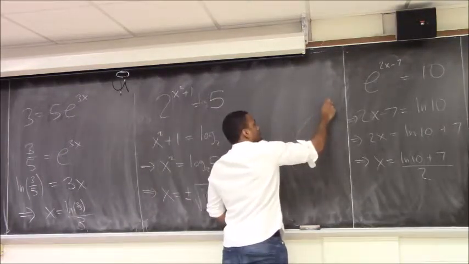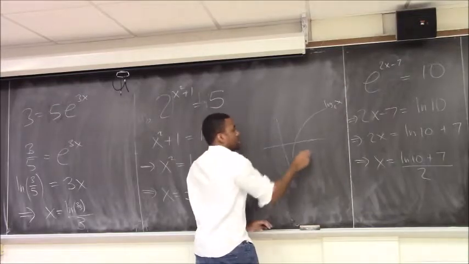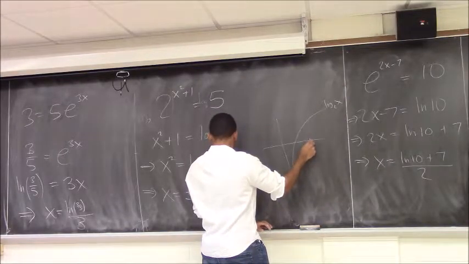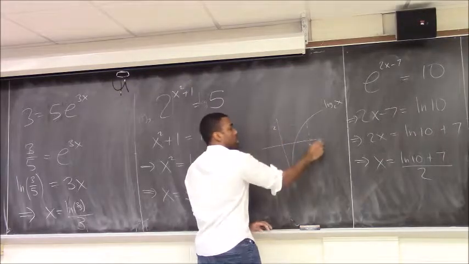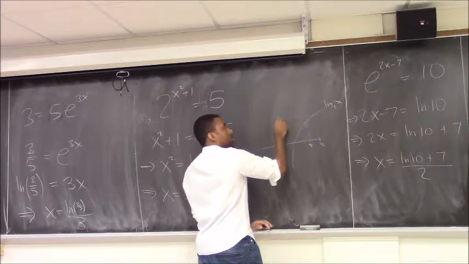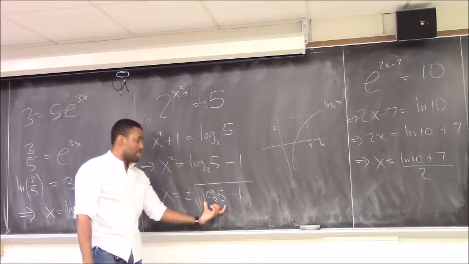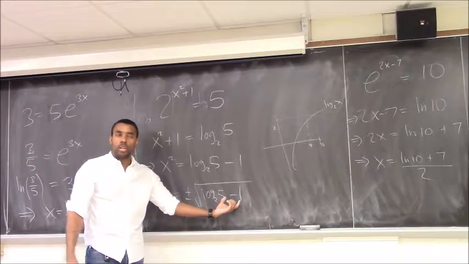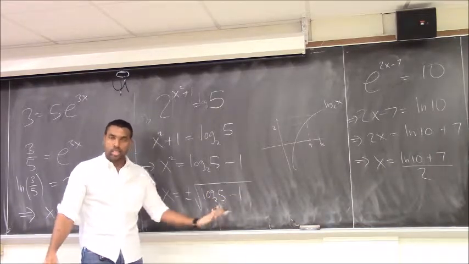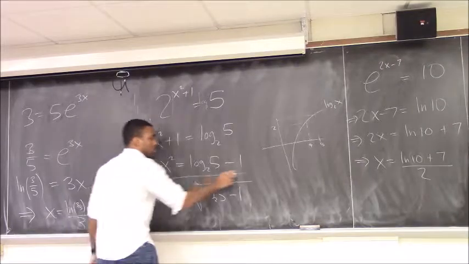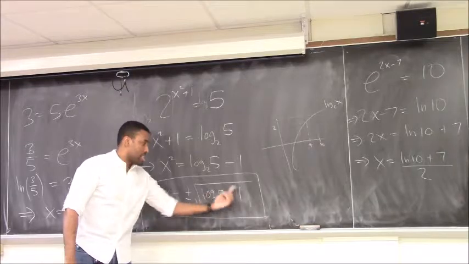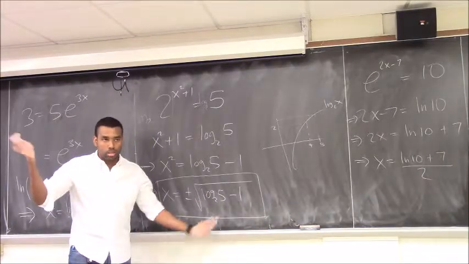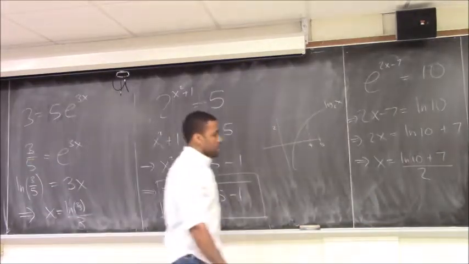So if this is log to the base 2 of x, when you're at 4, this guy is at 2. So when you're at 5, you will be slightly bigger than 2. So here's a number that's slightly bigger than 2, you're subtracting 1. It's positive, so this radical makes sense, and so that's our solution. If for some reason the inside here was negative, you'd say no solution. It can't work. So we'll stop there.